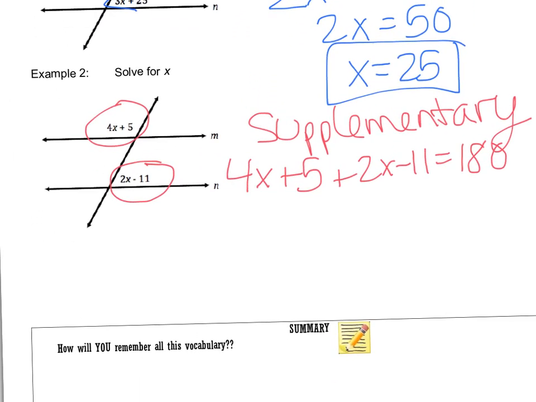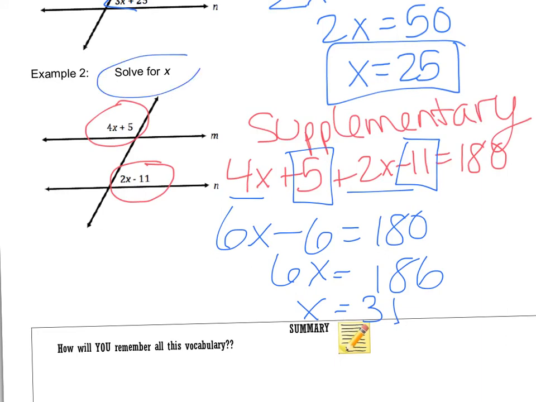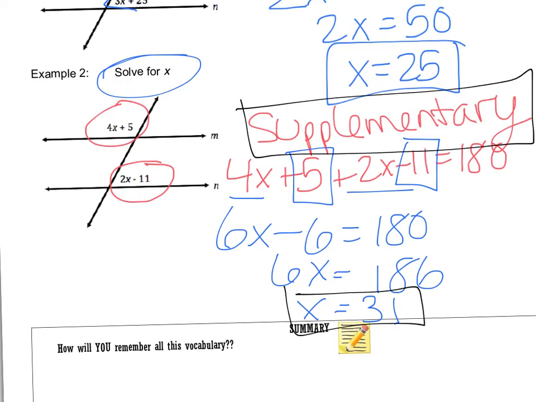When you combine like terms, 4x and 2x, we have 6x, 5 and negative 11, we have negative 6, equals 180. Add your 6, and then divide by 6, and you get that x is 31. Always double check what you're being asked to solve. We were just asked to solve for x, so we have our answer. X is 31. Our reasoning is because those 2 angles are supplementary.